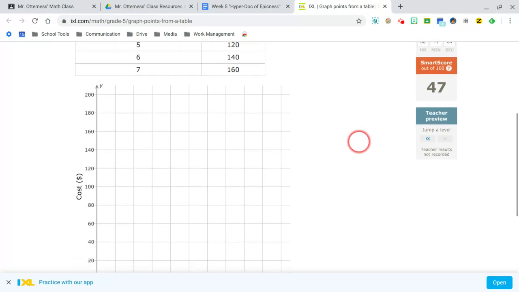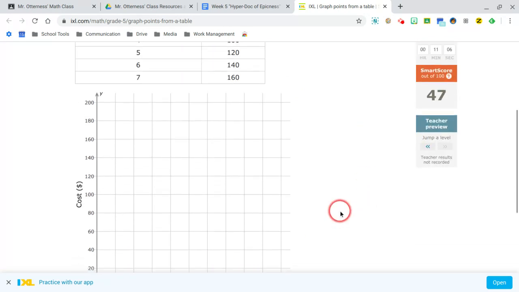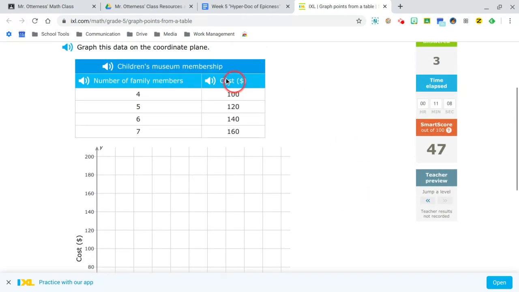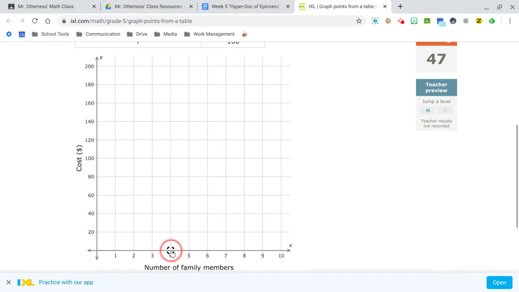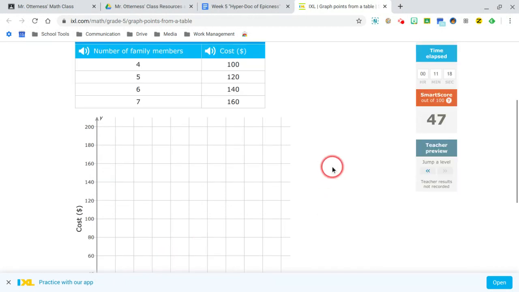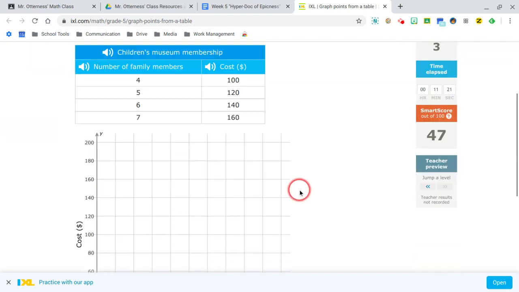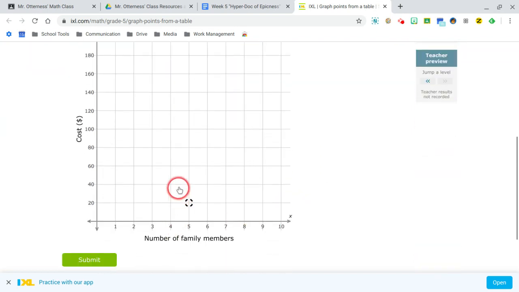Okay. So our x-axis is number of family members. So our first data point is 4 family members. The cost is 100. So if we go 4, which is the first point in our ordered pair, we need to go up to, what was it again? Oh yeah, $100. So 4 family members costs $100.